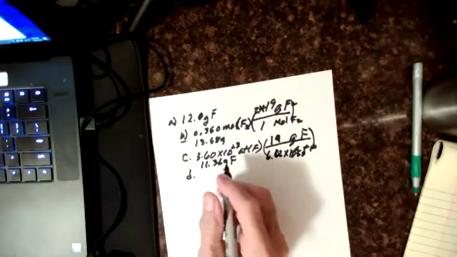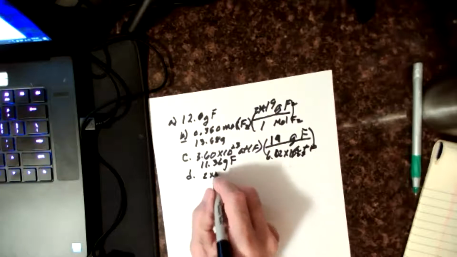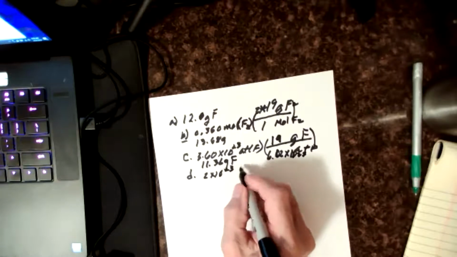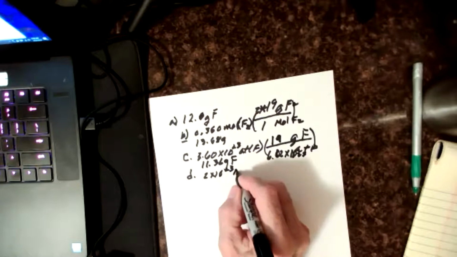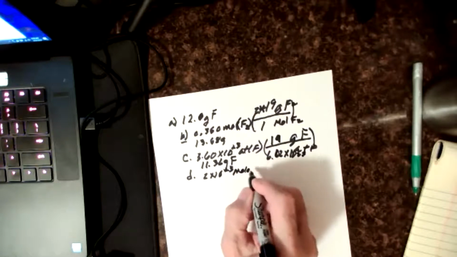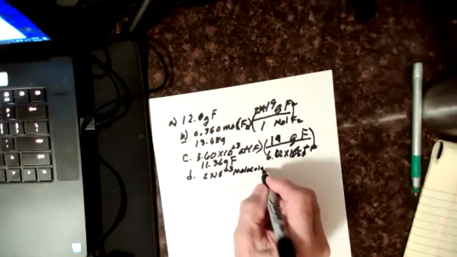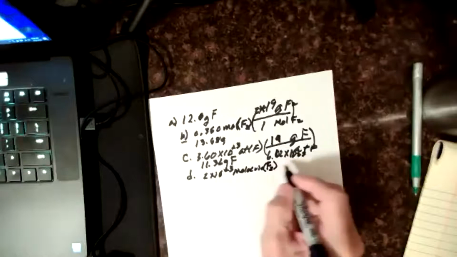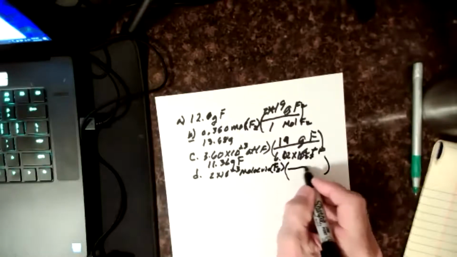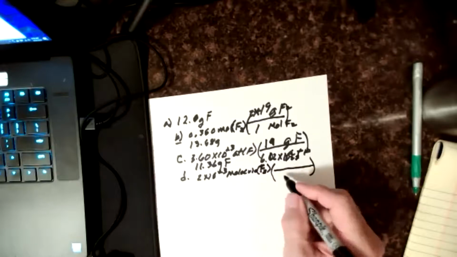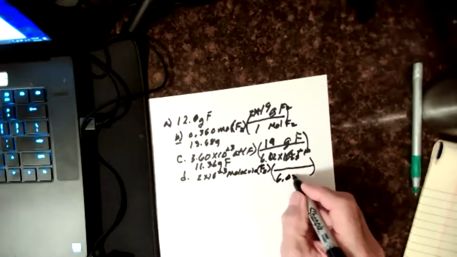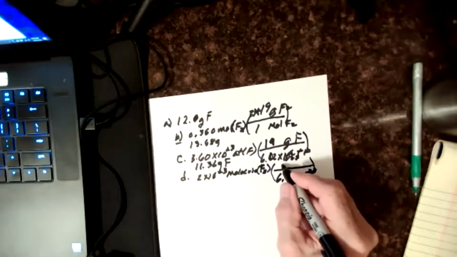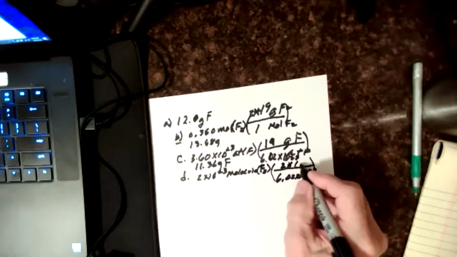If we do D, we got 2 times 10 to the 23rd molecules of fluorine, and a molecule of fluorine is F2. All right, so we want to go from molecules, and Avogadro's number of them, 6.02 times 10 to the 23rd, would be 2 times 19 grams.